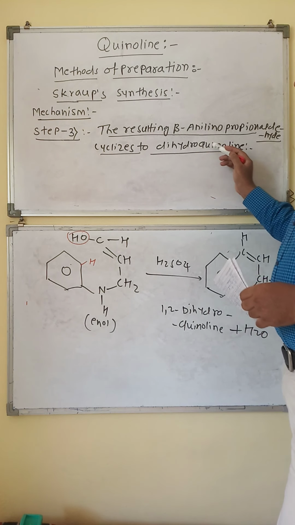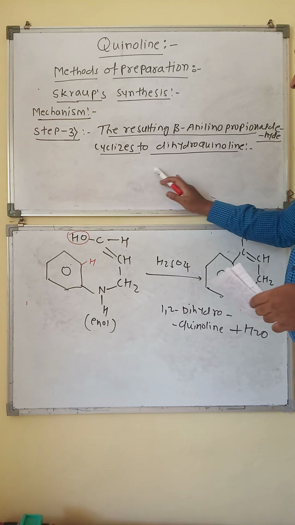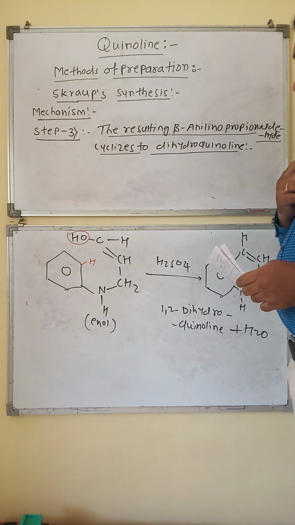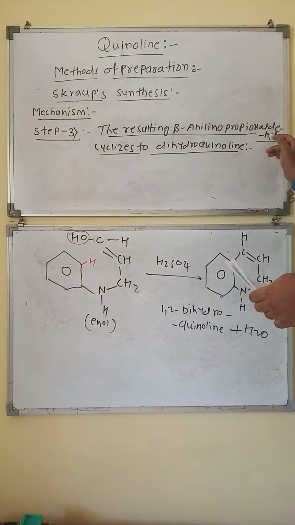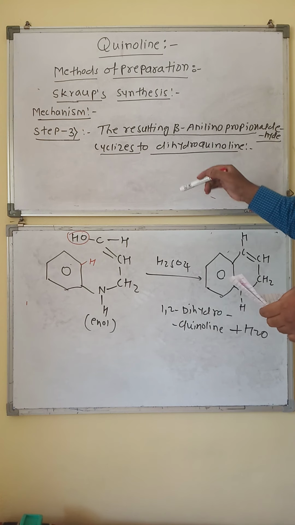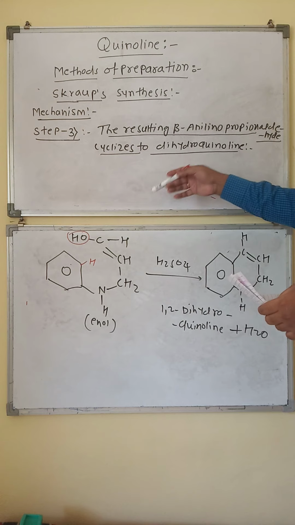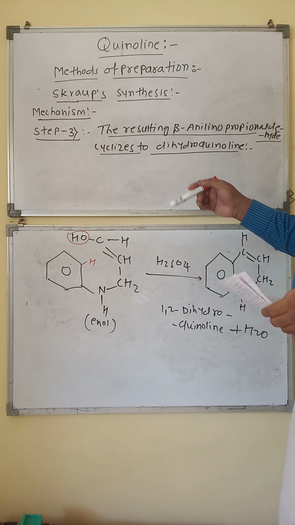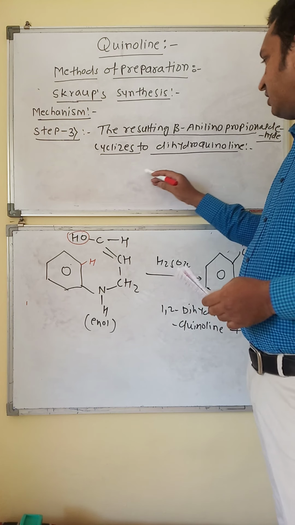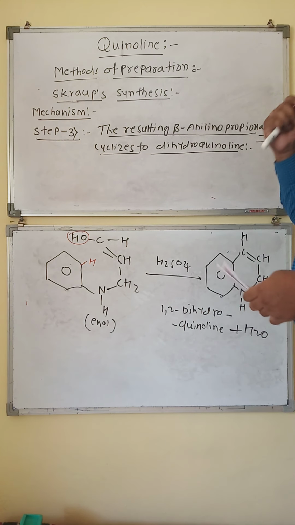The resulting beta anilino-propionaldehyde cyclizes to form dihydroquinoline. Now it is the enol form which was formed in the previous step number 2. It cyclizes itself. It is called intramolecular cyclization, and there is a formation of dihydroquinoline.